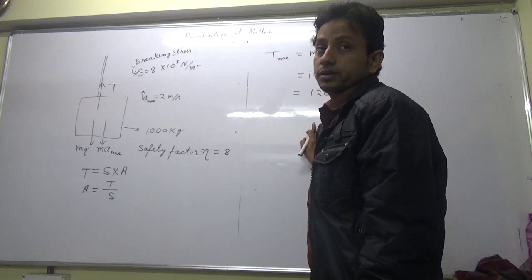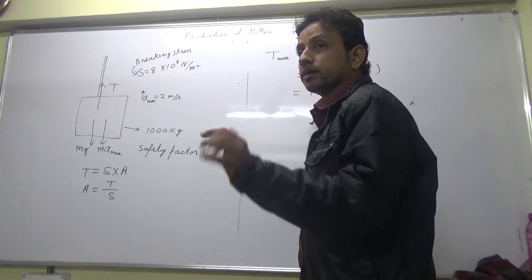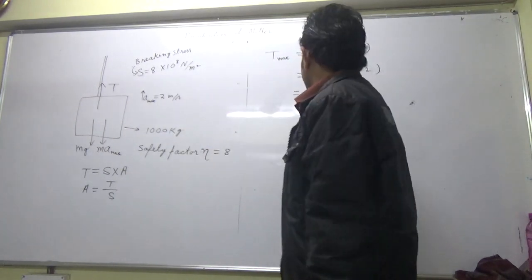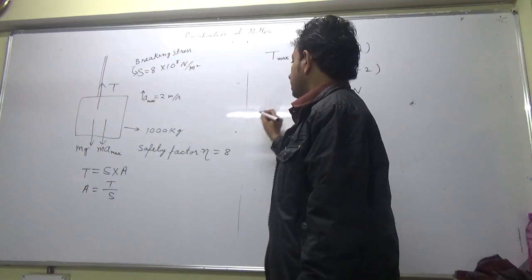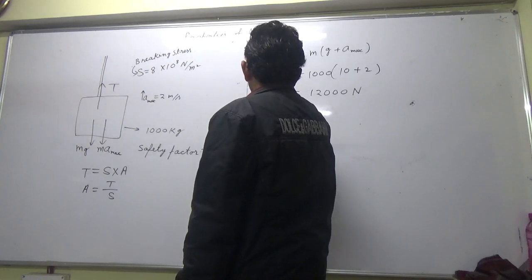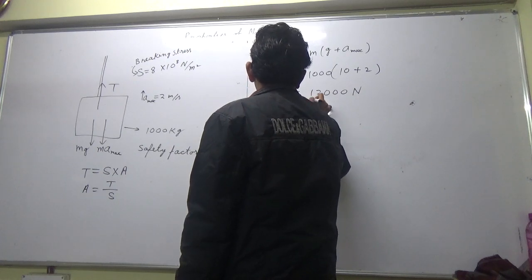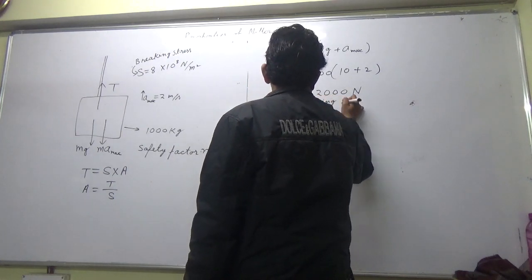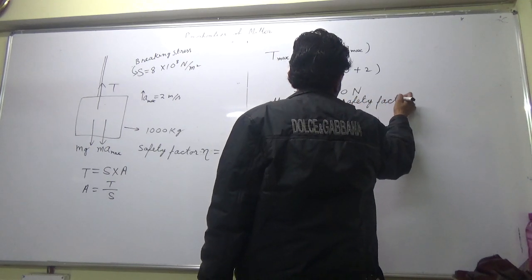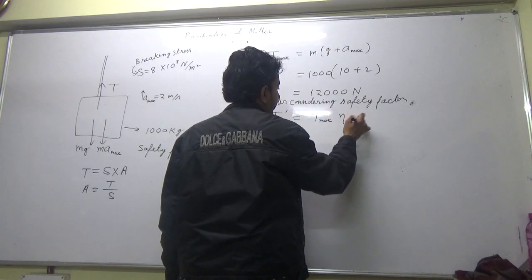Now multiply it with the safety factor. If it is 12,000 Newton, we will make the wire for larger force after multiplying. After multiplying, जो आएगा, safety factor, it will be T max into eta.